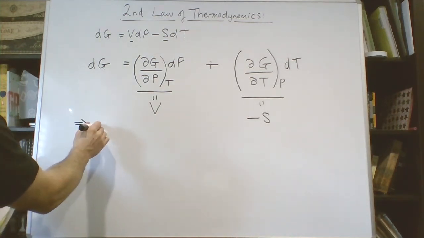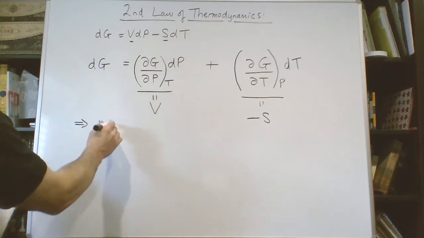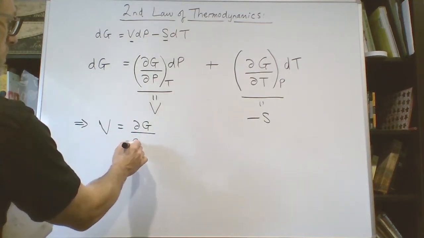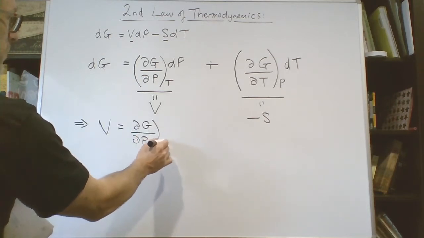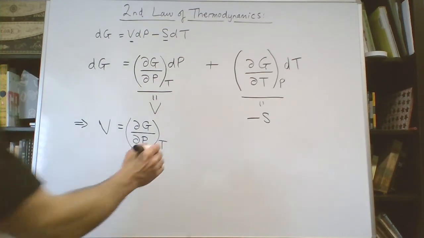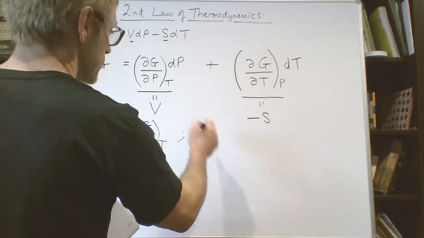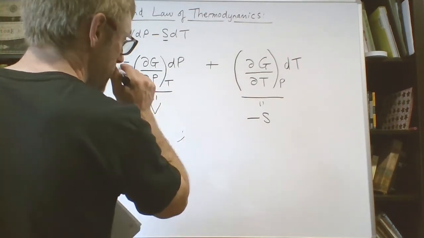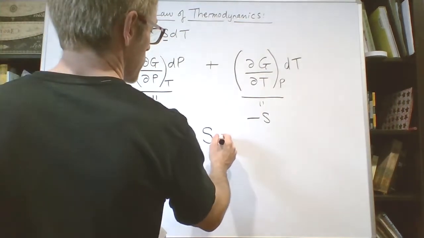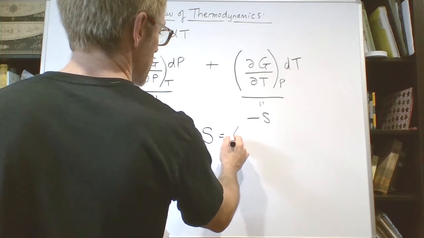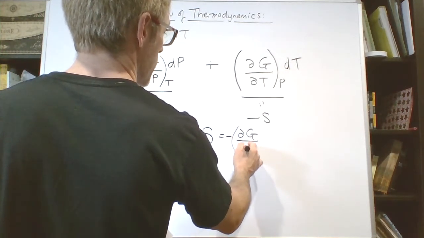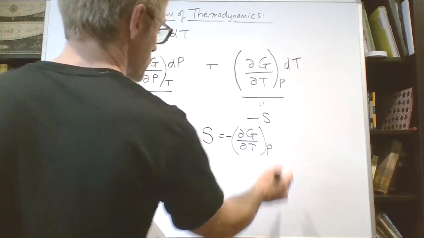So I've learned that volume is the partial change in Gibbs free energy with pressure at fixed temperature. And I've also learned that negative entropy, or if you like positive entropy, is the negative change in the partial Gibbs free energy with temperature at fixed pressure.